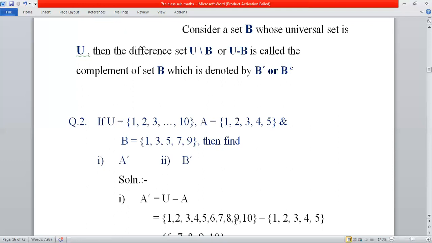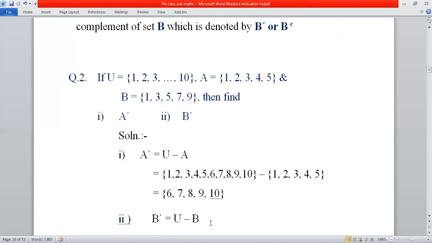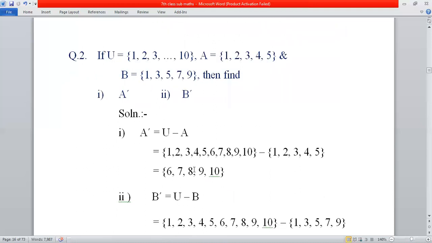Here I didn't write the dots, so that you can easily understand what elements are given in their place. In the universal set, you have 1, 2, 3, 4 up to 10, the first 10 natural numbers, then the minus sign as it is, and then the set A given in the question, 1, 2, 3, 4, 5.